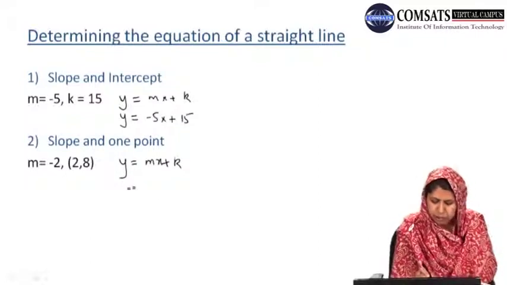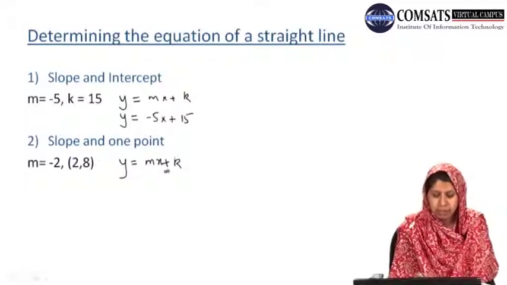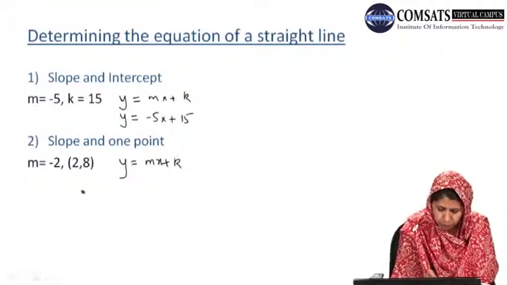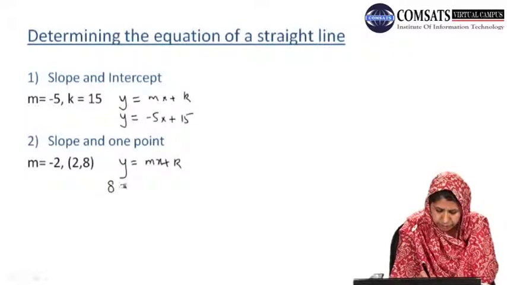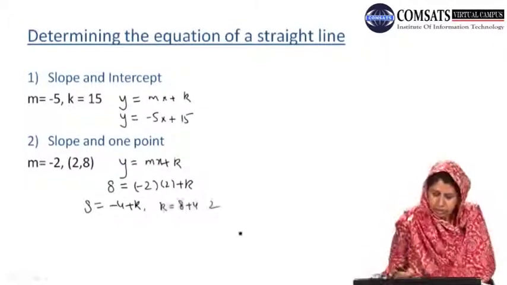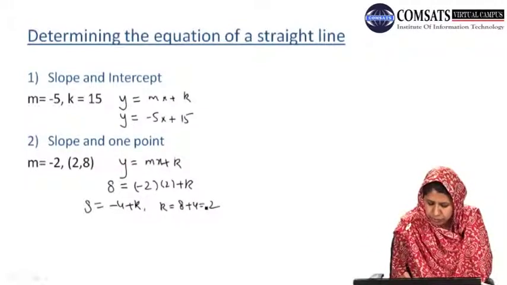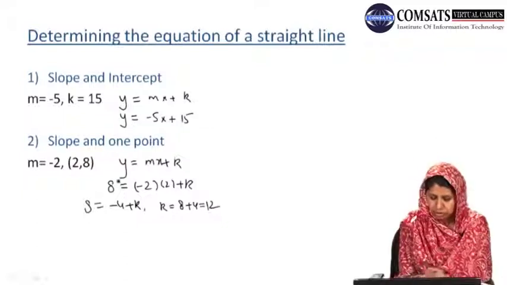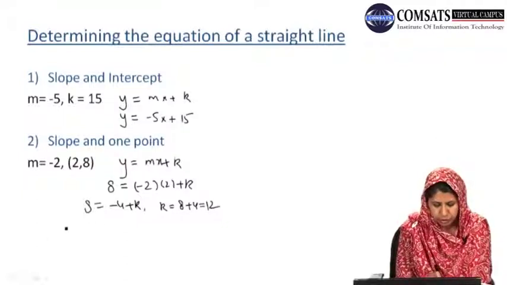So we will put the values of x, y and m in this equation. What do we get? y is 8 = slope m is -2 times 2 plus k. Simplifying, we obtain 8 = -4 + k, and k = 8 + 4, which is 12. So what will be the equation of the line?